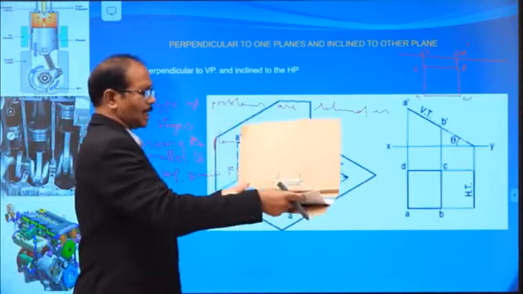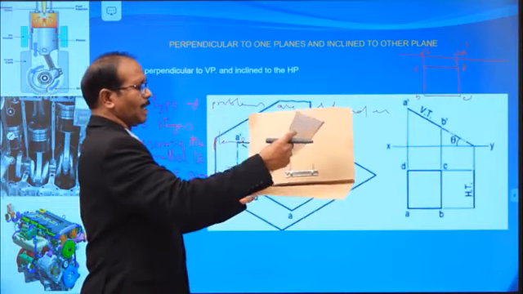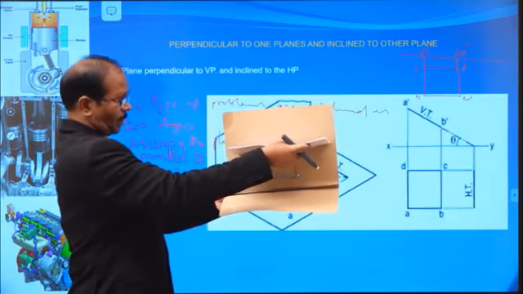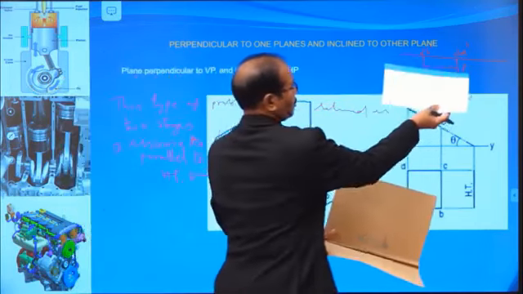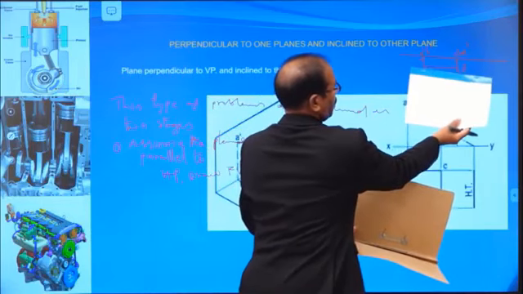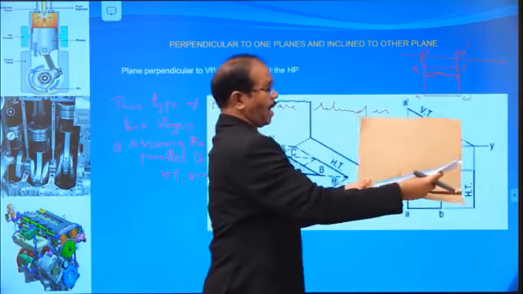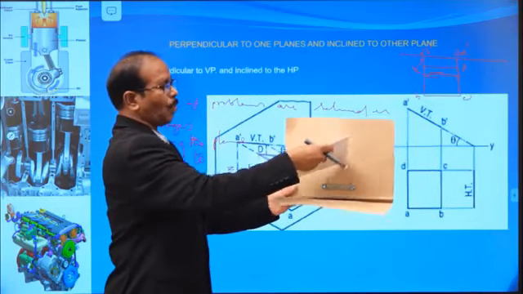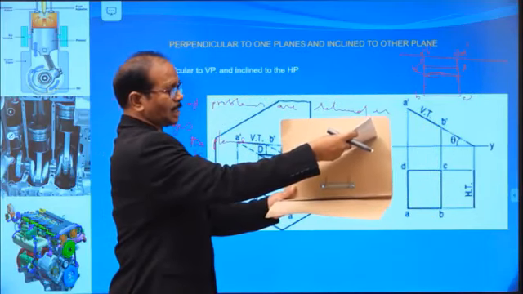So in the second stage, tilt to the required inclination. While tilting, the front view doesn't change; only the required inclination will change.